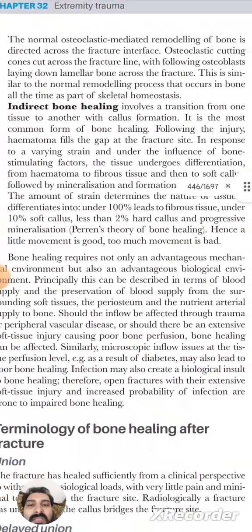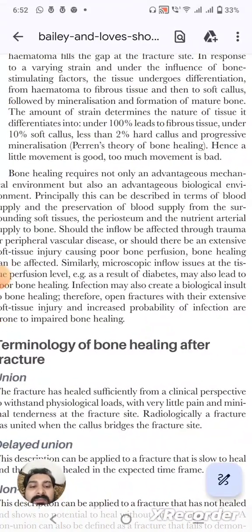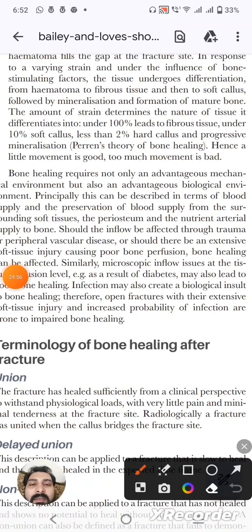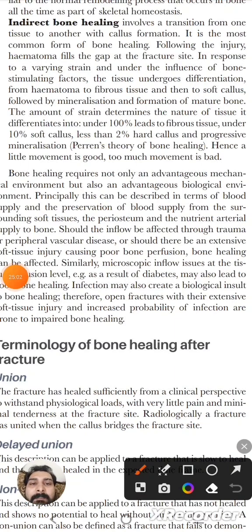But in most cases, indirect or secondary bone formation occurs. First a callus is formed and then bone healing occurs. It is called secondary bone healing. When there is some micro motion at the fracture site, when the fracture has been stabilized but not so rigidly, this will lead to secondary bone healing.